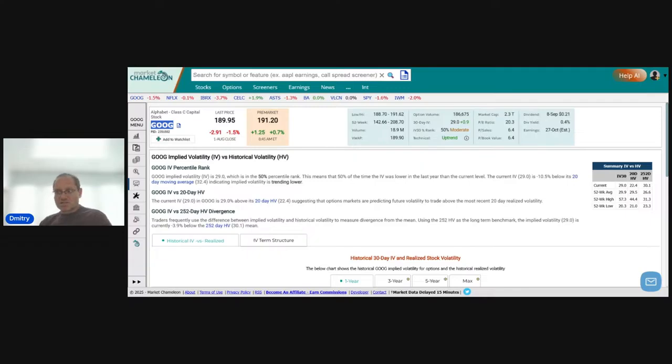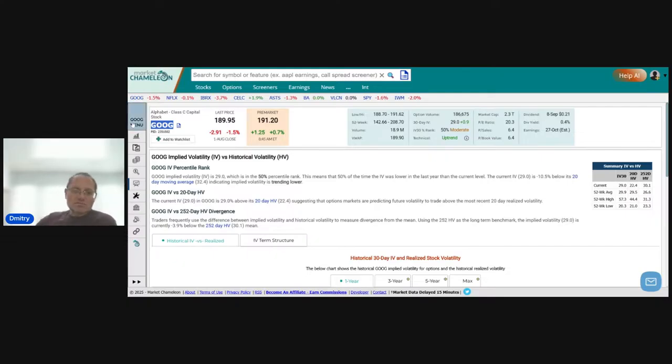You could have an option that's a LEAP, one that expires tomorrow, one a week from now, or three weeks from now. So when you have all these different options to look at and you calculate implied volatility, you're going to get a lot of different implied volatilities that could vary by a lot.